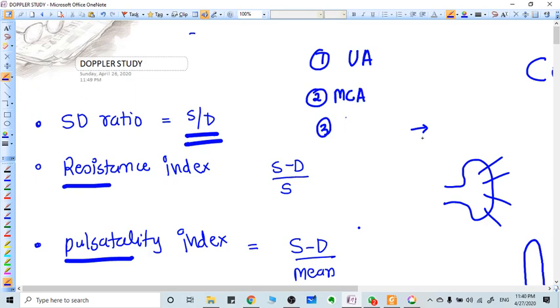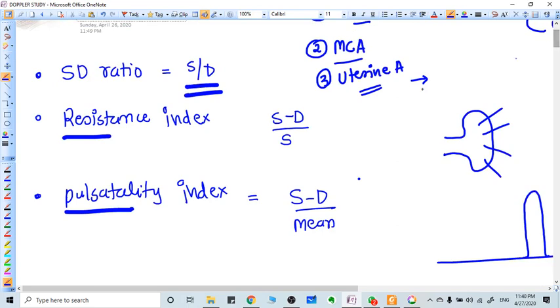The third one is the uterine artery. You see what I am talking about? We see only three vessels, 99% of the time. The first vessel is the umbilical artery, the second vessel is the middle cerebral artery, and the third vessel is the uterine artery. Why we choose these three arteries, we will see further in this video.